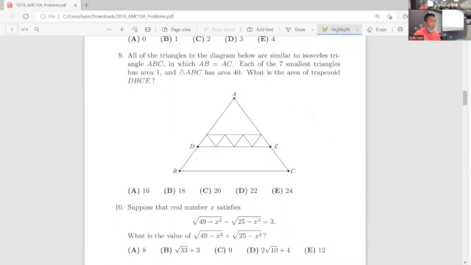All right, so this question states that all of these triangles in this diagram are similar. So you know that you can actually draw out all of these.